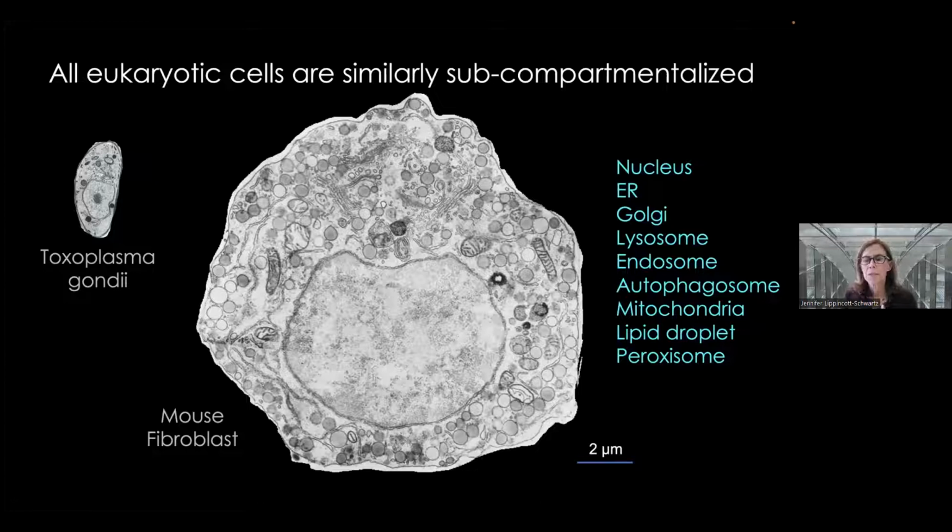But one of the things that has really been important for our understanding of the way that the cell is functioning is being able to not only identify these organelles within cells, but to characterize their behavior relative to each other.